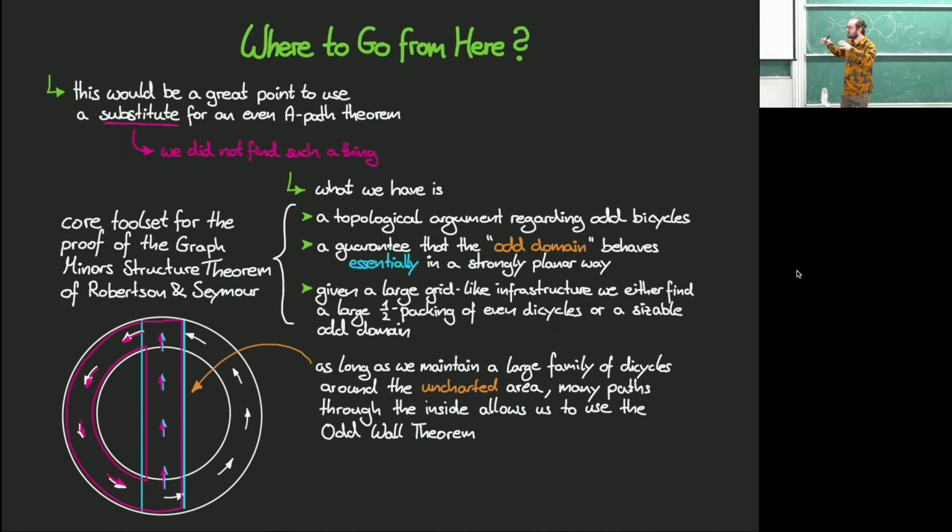So if we start out with this cylinder, we find this large linkage, make it nicely behaved, split the even domain into pieces, and then each piece itself will be protected by its own small cylinder that is odd. We can repeat this over and over until we run out of paths. This will be the general strategy.